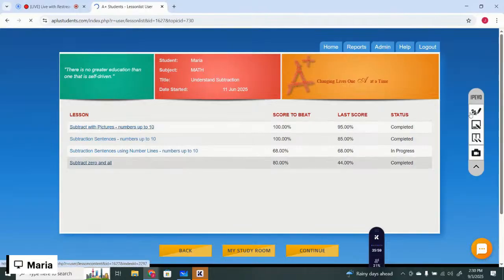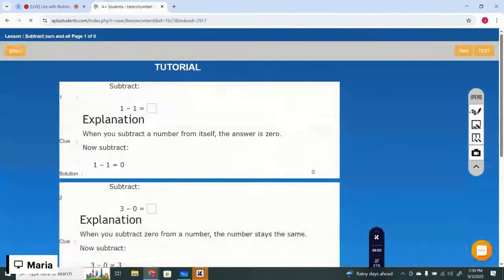So let's just start with the lesson. 1 take away 1, subtracting a number from itself always makes a zero, whatever number it is, right?